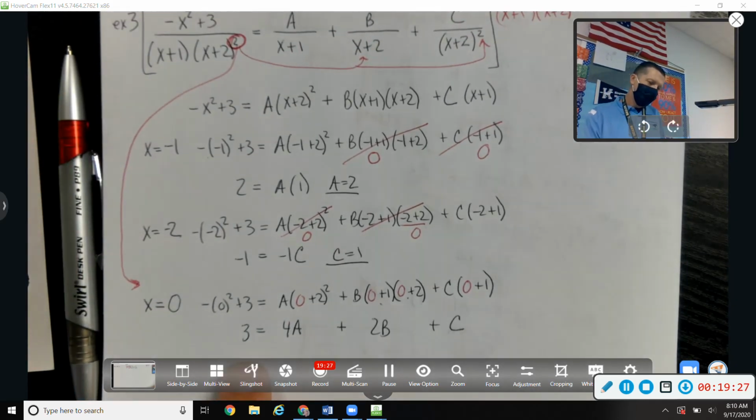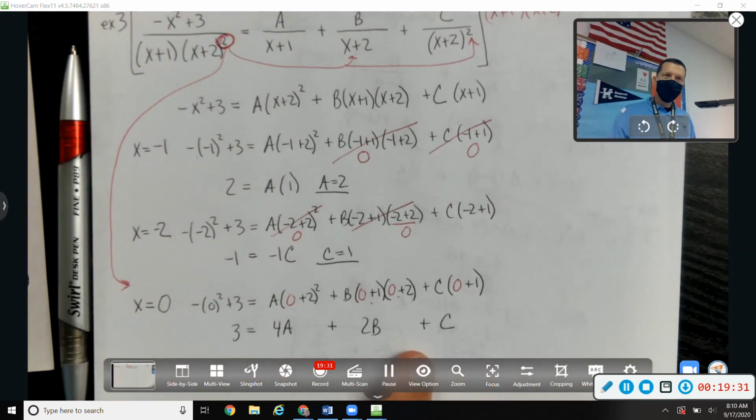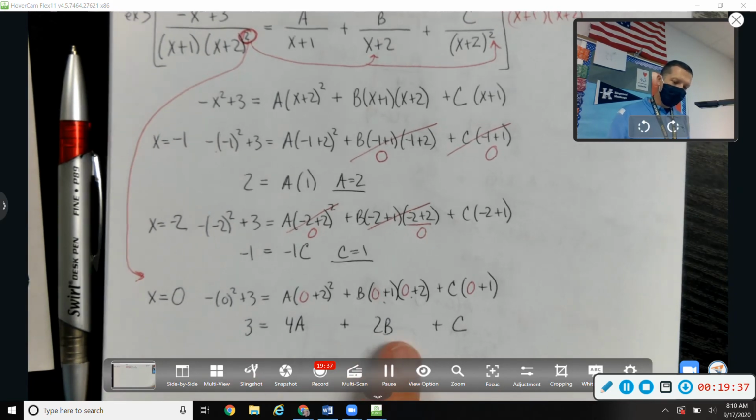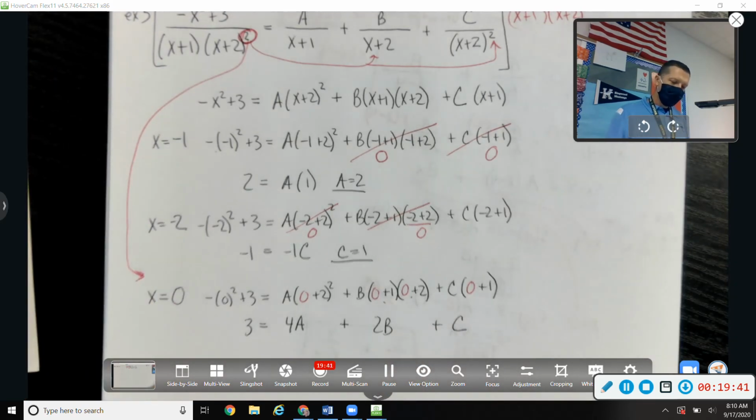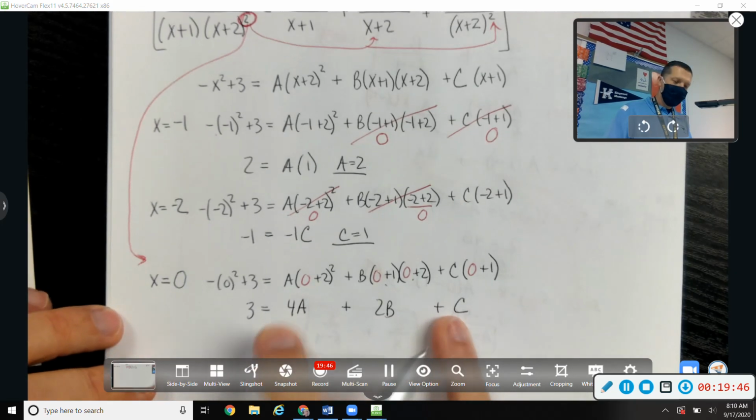So what can I do? I need b. That's what I'm looking for. What's going to help me figure out what b is? Do I know a and c? Yeah.